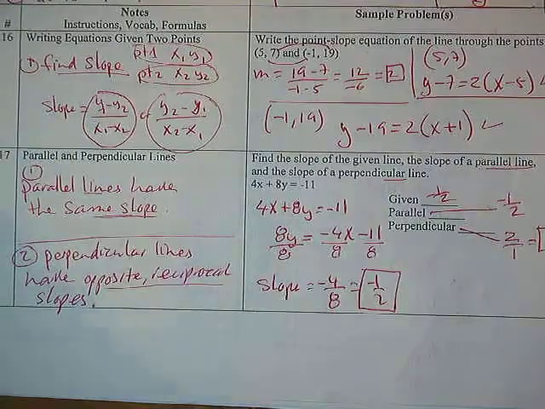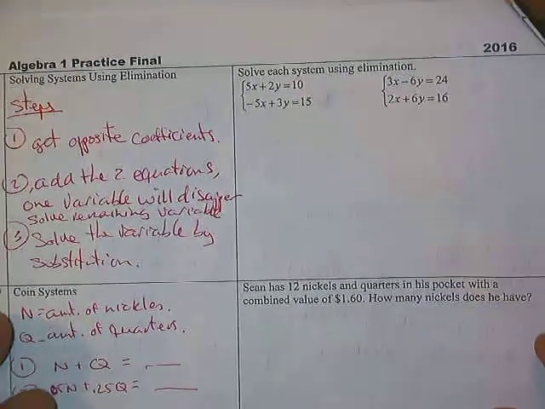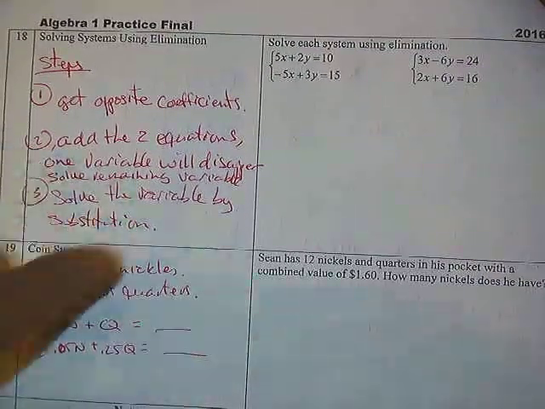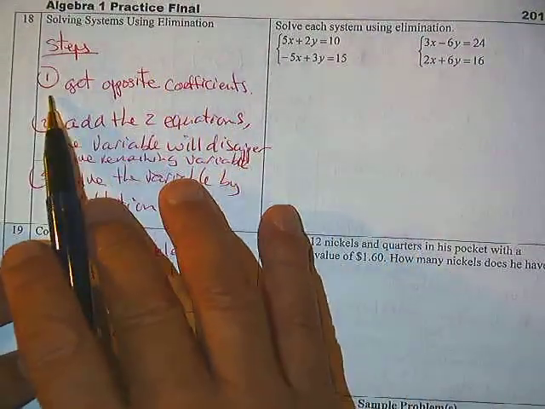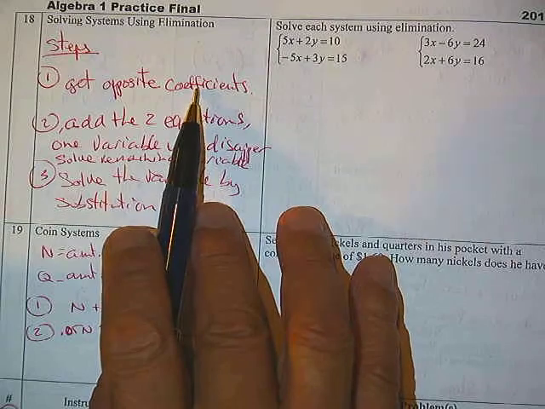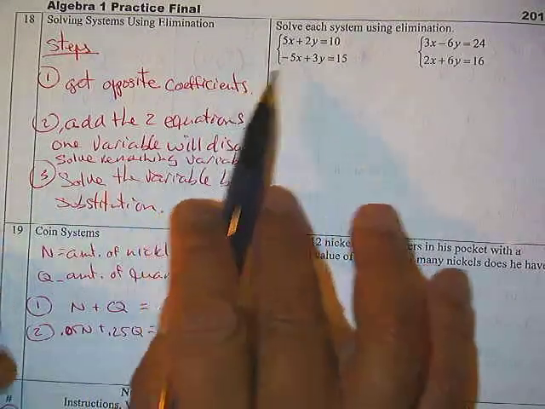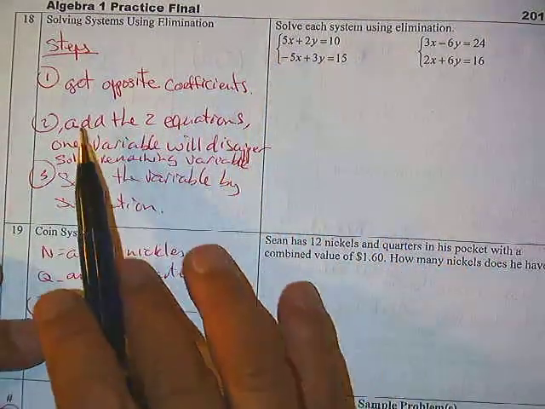So the given slope is negative 1 over 2. The line that's parallel to it, of course, has the same slope, because they're parallel. But the perpendicular slope is going to be positive 2 over 1, or positive 2, because they're opposite reciprocals. Alright, let's go on to 18.